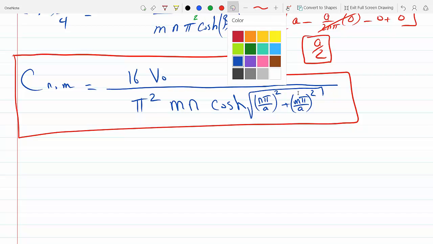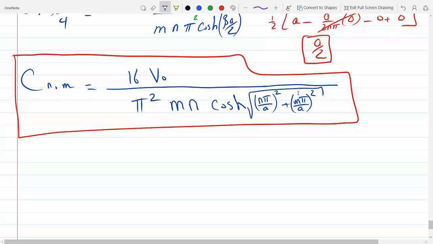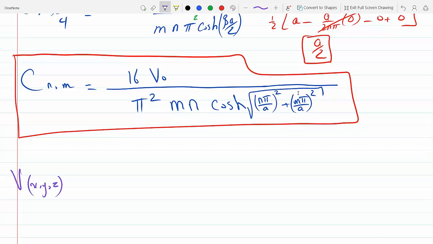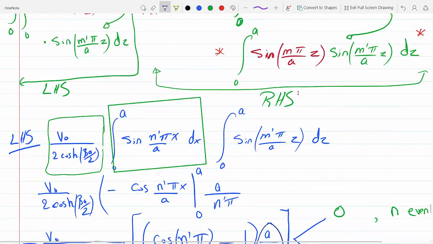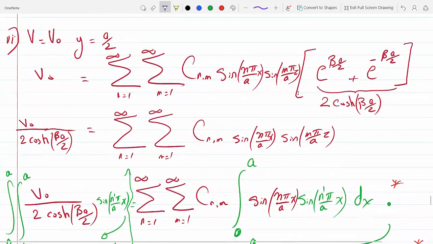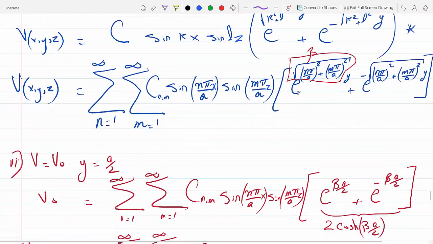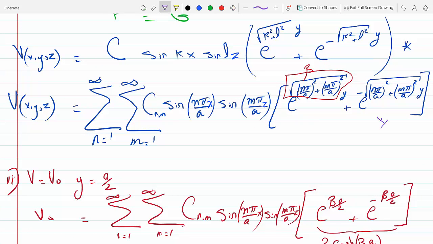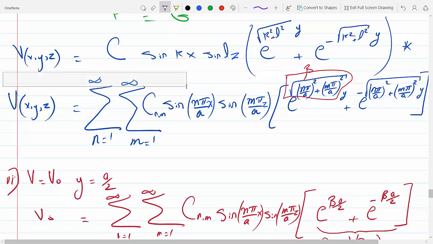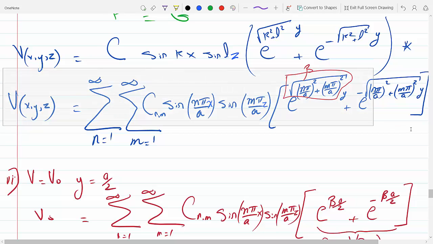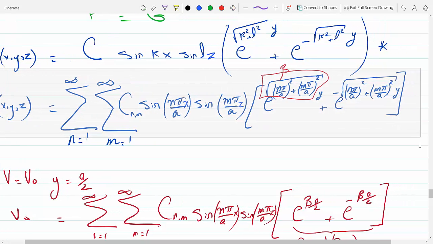And now finally we can write out what v is in terms of these n and m's. So finally we have v as a function of x, y, z, right? So just plug these coefficients into the double summation here, into this equation. So here, should we just take this final step and drag it down there?